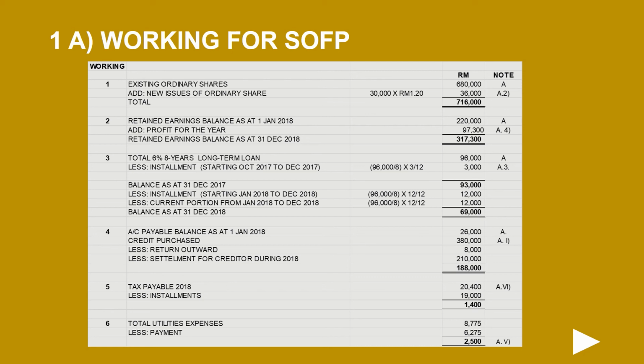So the current portion is for 2018. The current portion amount is similar to the amount of installment. Since the closing date for 2018 was 31st December 2018, you need to calculate the amount of installment from January 2018 to December 2018, which is equal to 12 months.